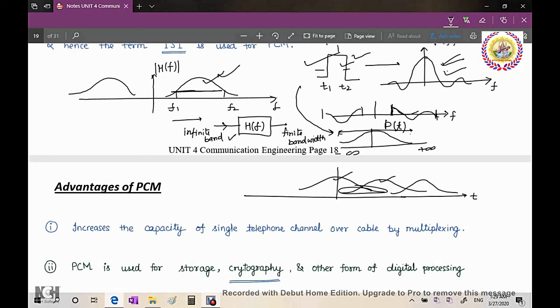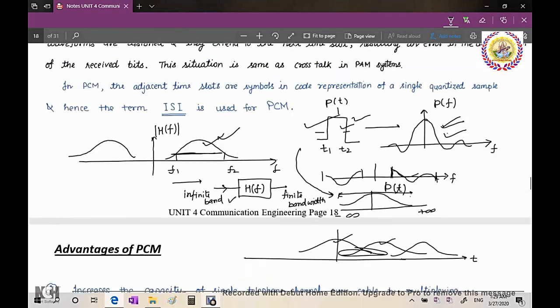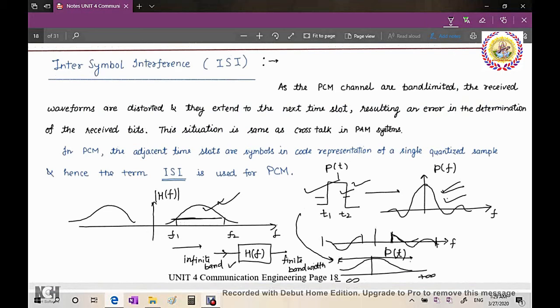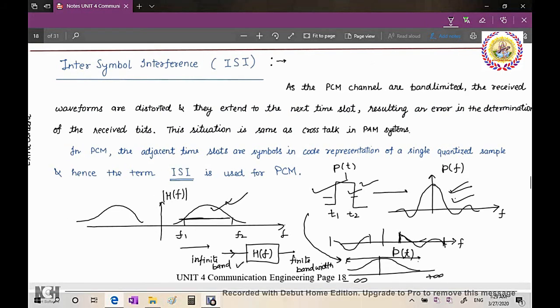This ISI is explained more elaborately in digital communication, where there is a special topic which describes ISI.